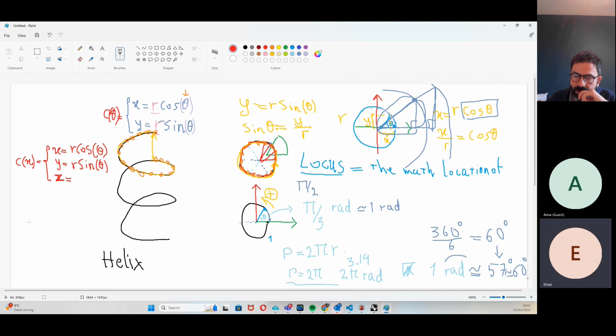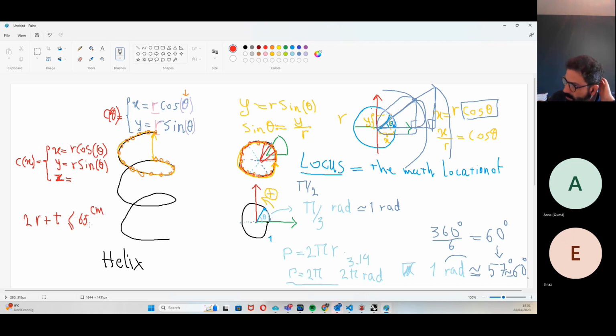So what's the equation for nice steps? 2 times rise plus thread smaller than or equal to 65 centimeters. This is one of the many standards that I remember. Okay. So what do we do with this? So we have to have a good idea.